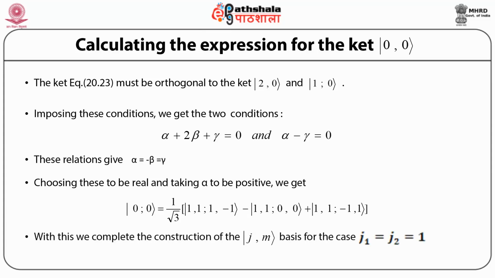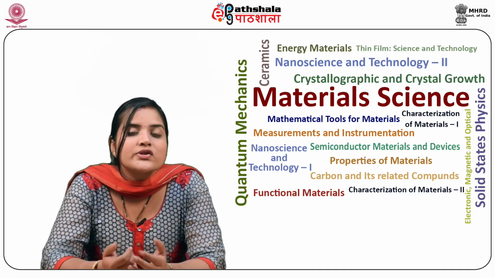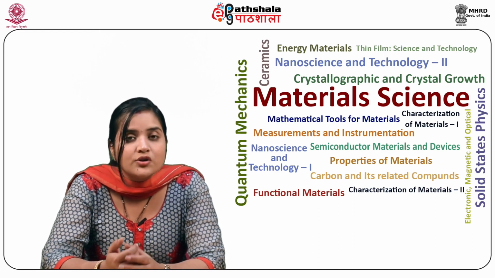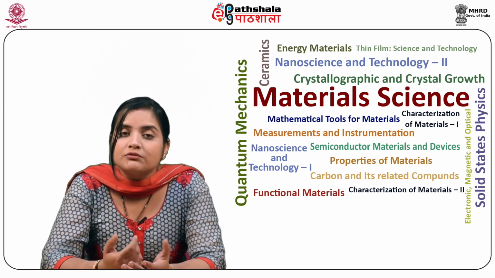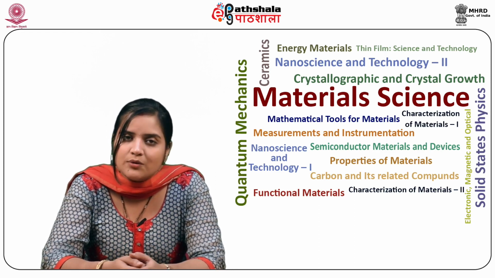With this, we complete the construction of ket Jm basis for the case J1 is equal to J2 is equal to 1. So students, let us now summarize what we have learned in this module. In this module, we have learned the vector addition of the two independent angular momenta.